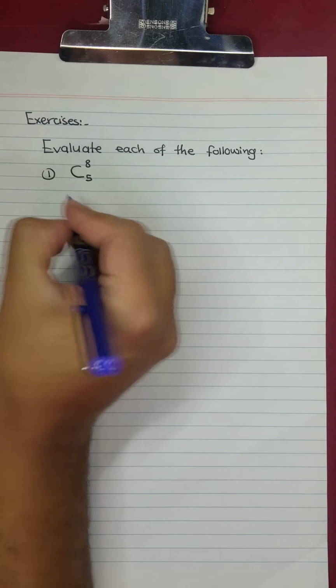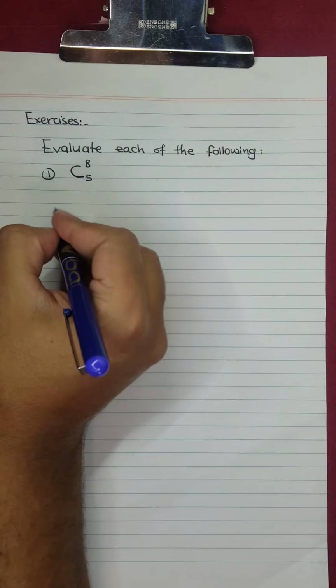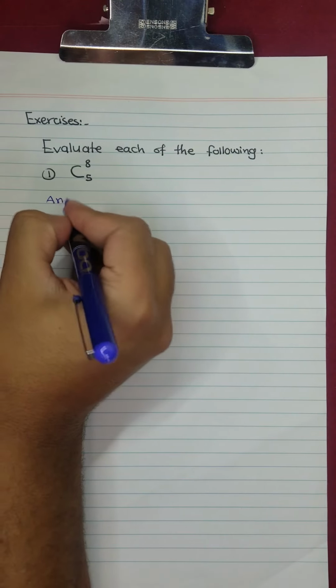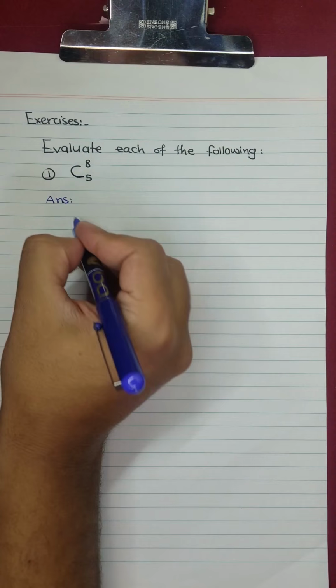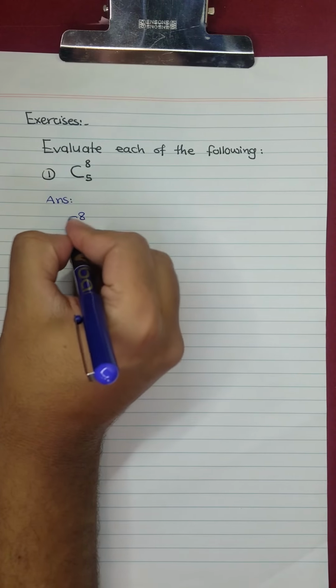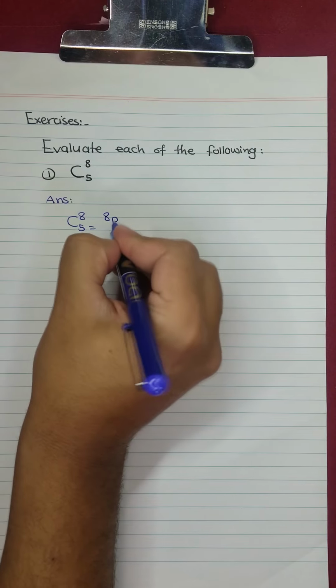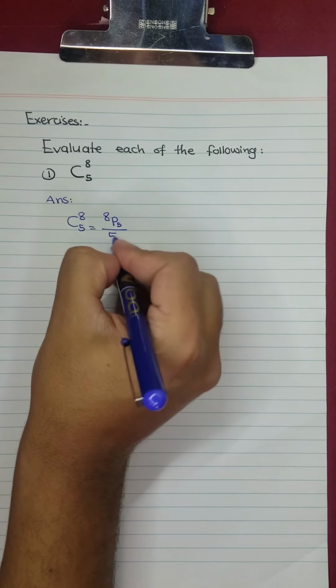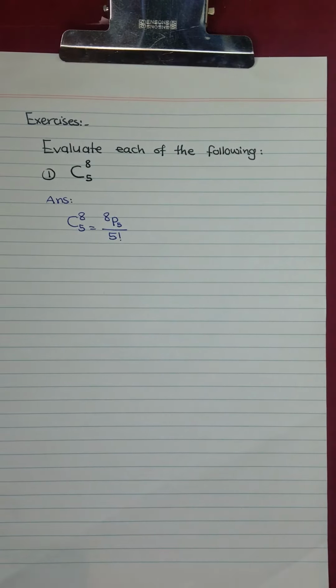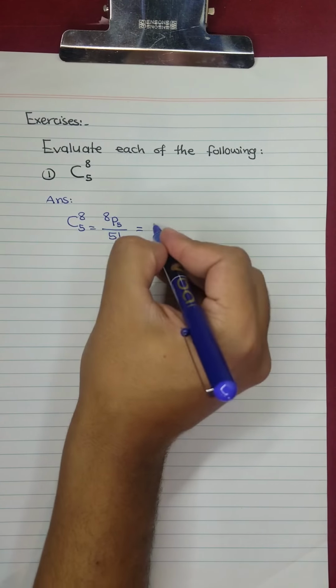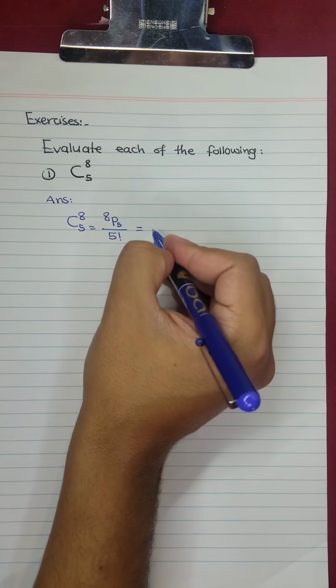So we can solve this as follows. One way to do this is to write combination 8, 5 is actually 8 permutation 5 divided by 5 factorial. 8 permutation 5 means 5 actions that are starting with 8.